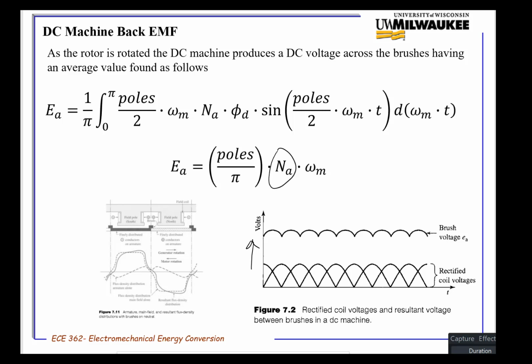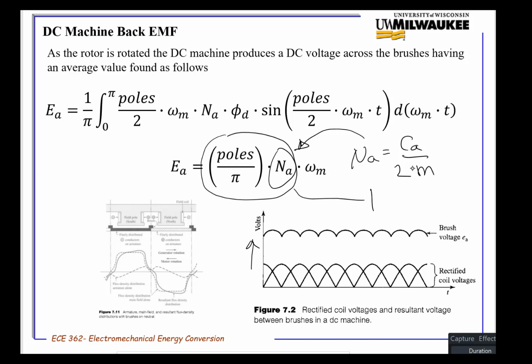As NA goes up, and remember that NA was equal to the conductors per slot divided by 2 over M, so you're adding more conductors, you're going to push the voltage up. This term right here was Ka.